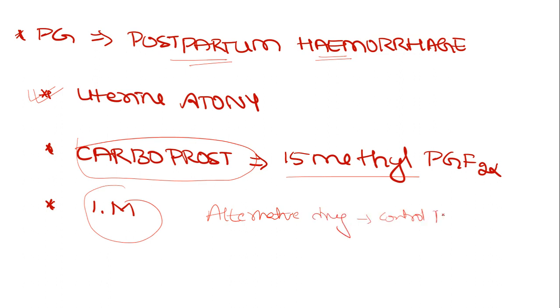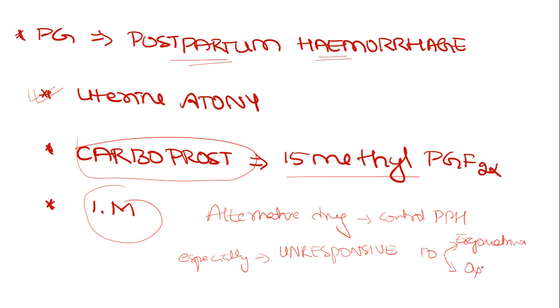It is used as an alternative drug to control PPH due to uterine atony, especially in case of patients who are unresponsive to ergometrine as well as oxytocin.